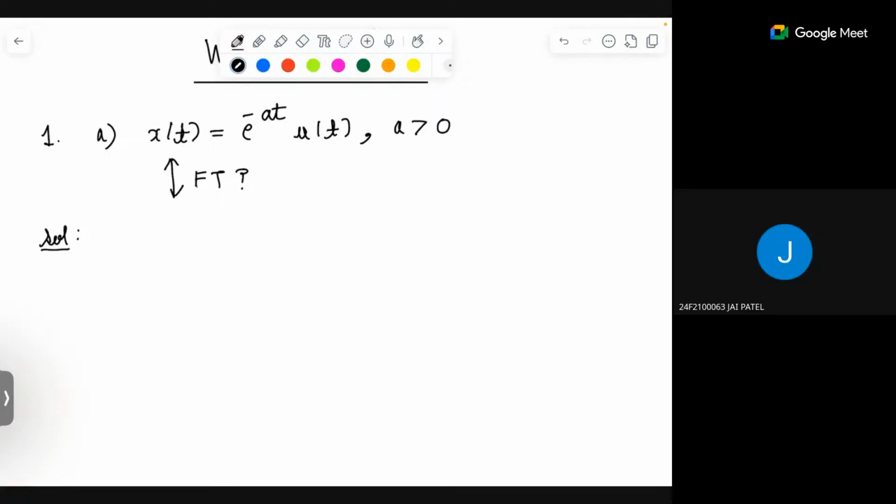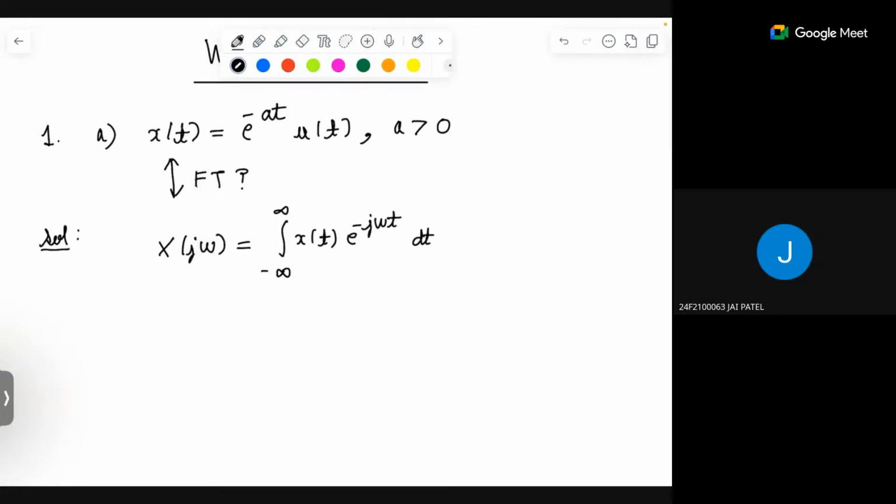So we know by the definition of Fourier transform that the Fourier transform is equal to the integration from minus infinity to infinity x(t) e raised to the power of minus j omega t dt. This is the definition of the Fourier transform.